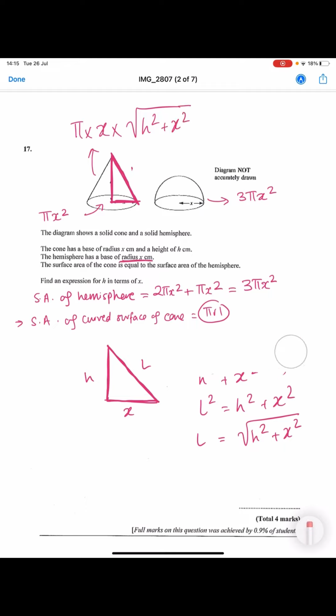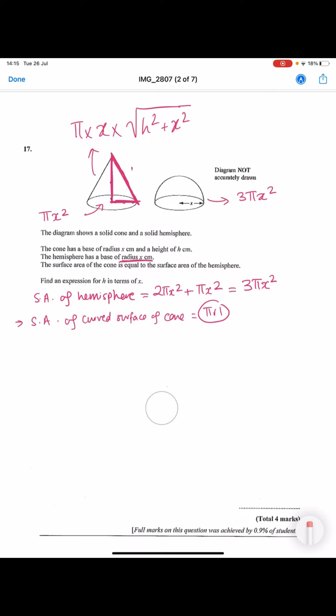Okay, so let's get rid of that. So the total surface area of that cone is pi x squared plus pi x square root of h squared plus x squared.